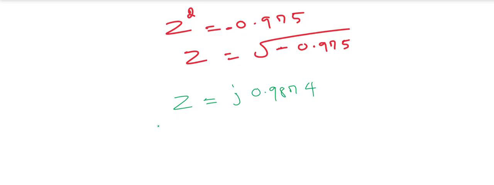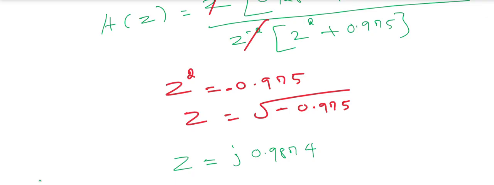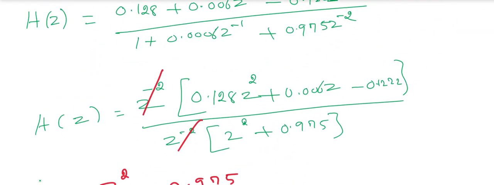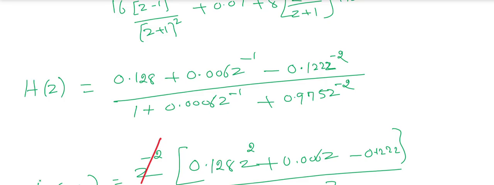So the real term, either you can determine the poles, otherwise with this you can realize the system in direct form two directly.